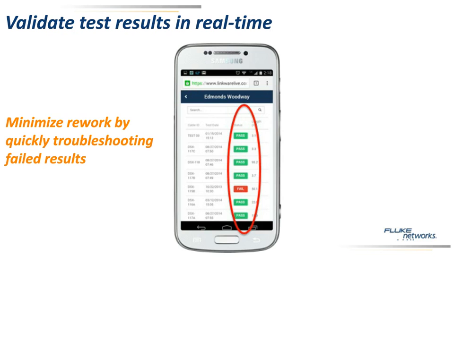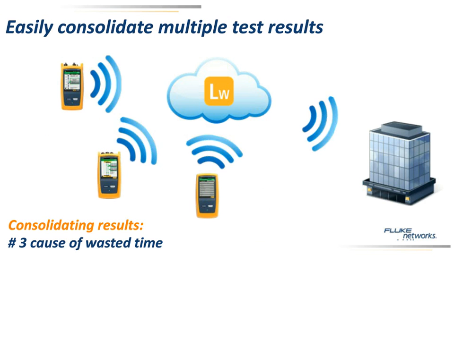And also, it's really easy to consolidate all these multiple test results. If you're using multiple testers for the same job, then on a click of a button, everything automatically consolidates in the cloud, and you don't have to spend any time doing that.